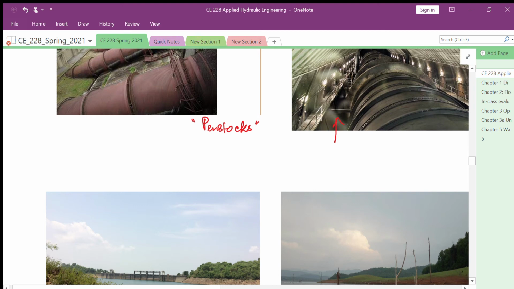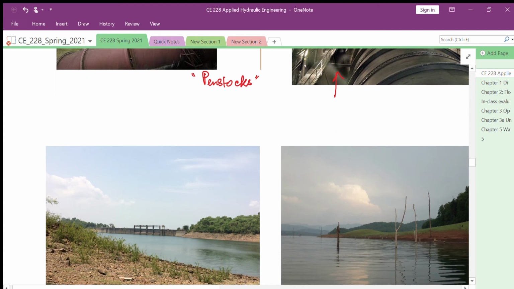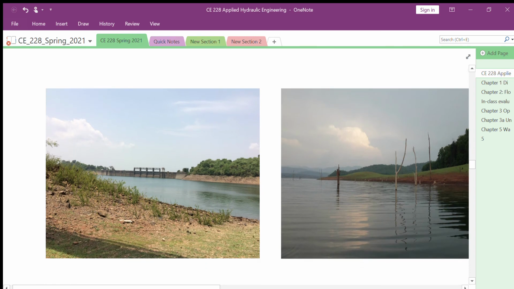Dam breaches or collapses, or spillway failures, are something that as civil engineers we should aim to avoid. Now, here below are two pictures that I myself had clicked when I went to this beautiful place called Bhadra in Karnataka. These are called the backwaters. This is the reservoir backwater, and they're lovely. If you have been to Kerala, or even if you have not, you would have heard about the Kerala backwaters.